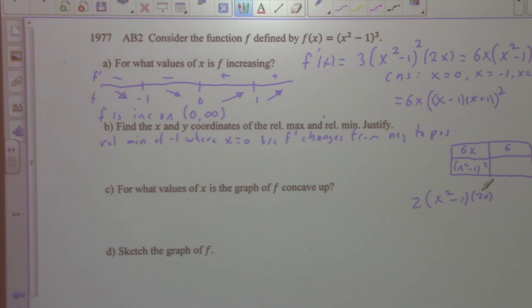So you get 4x times x squared minus 1. So f double prime is equal to those two multiplied together, which is 24x squared times x squared minus 1, and then plus these two multiplied together, 6 times x squared minus 1 squared.